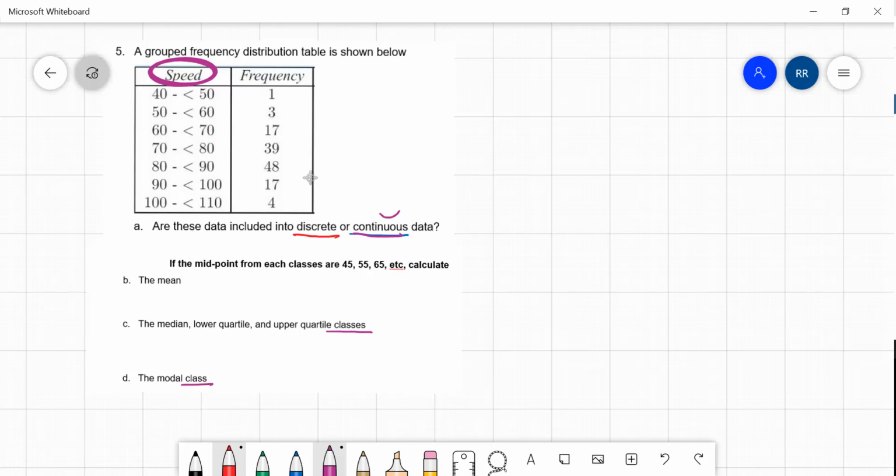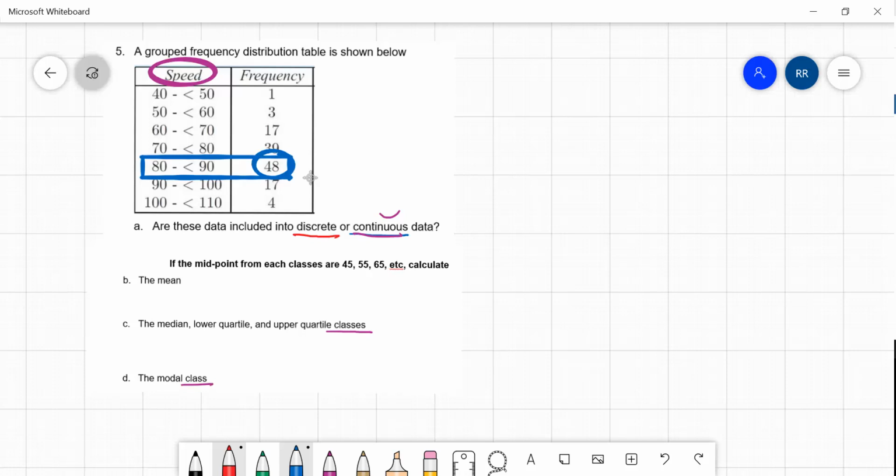Right? So remember that when you see the mode or the modal class, in here you can just see the class in which it has the highest frequency, right? So as you can see, this line over here has the highest value of the frequency.